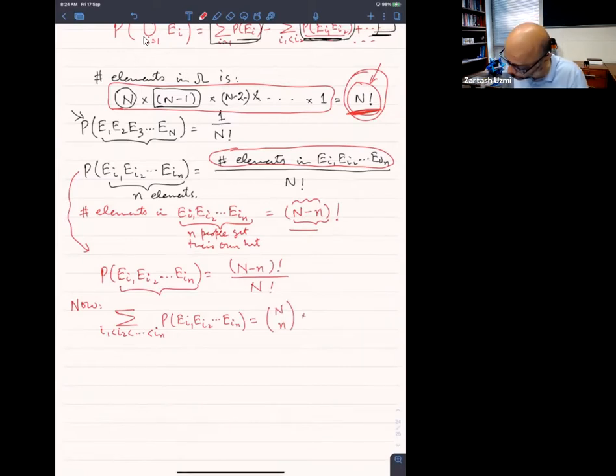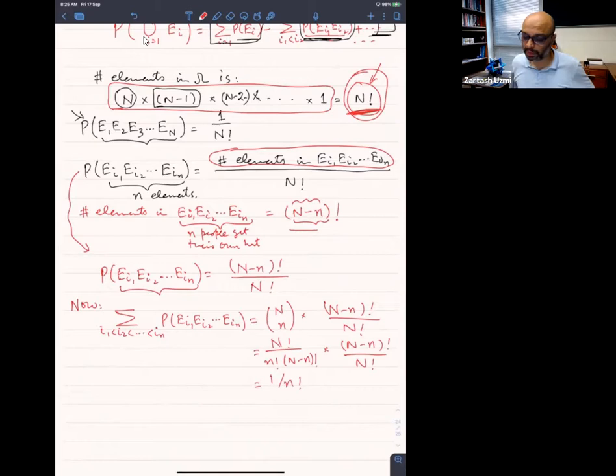Multiplied by the probability of one guy, which is n minus n factorial divided by n factorial. And this turns out to be factorial n minus n factorial multiplied by n minus n factorial divided by n factorial. Aha, so this is just 1 over n factorial. ये तो बड़ा सिंपल हो गया, ये तो बहुत सिंपल हो गया.